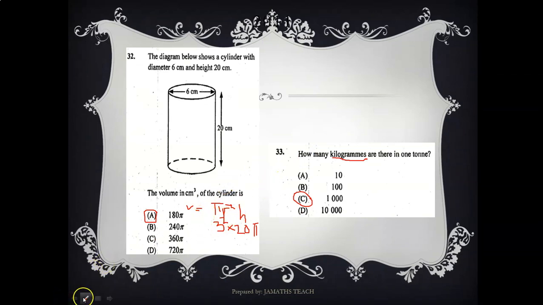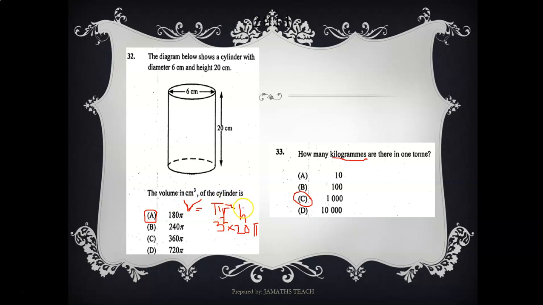Alright, so let's look at these questions. The diagram below shows a cylinder with diameter 6 cm and height 20 cm. You have to pay attention to the fact that they gave you the diameter. And the question is asking you what is the volume of the cylinder. Now we know the volume of a cylinder is pi r squared h.